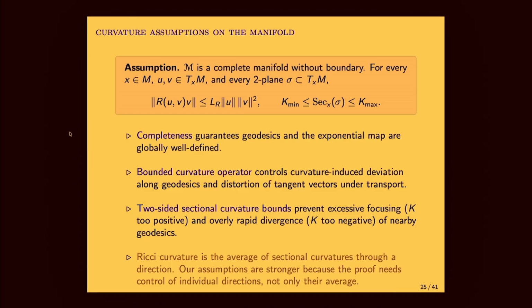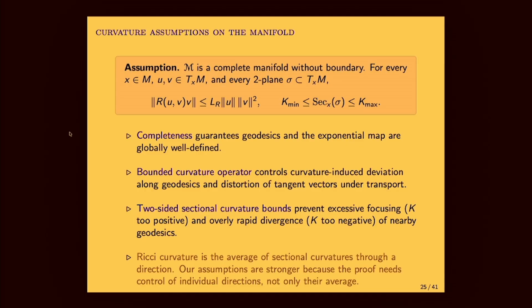We also assume that the manifold is complete and boundaryless, which basically guarantees that the geodesics and exponential maps are well defined. This bounded curvature operator is needed so that you can have good control of the Lipschitz constants of the velocity field and things like that.